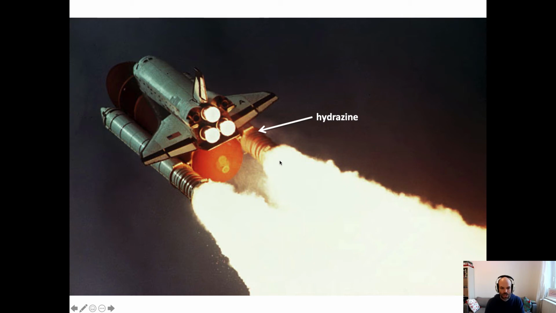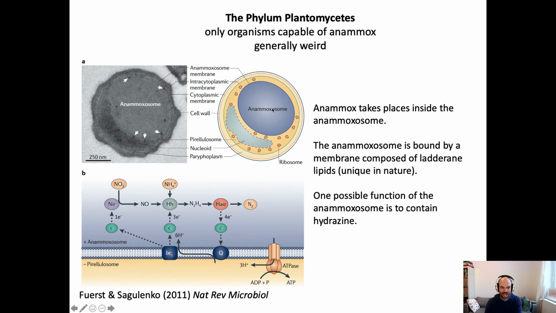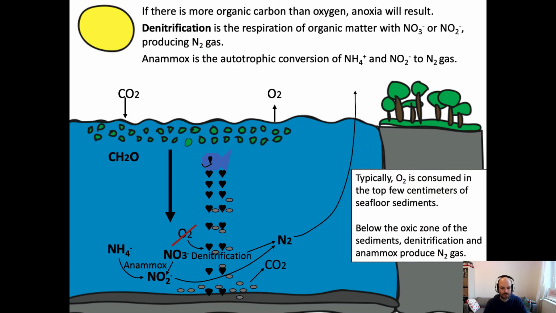So an intermediate of the anammox pathway is rocket fuel, and that is perhaps why they need these really weird lipids to keep the rocket fuel inside the anammoxosome and not leaking out into the rest of the cell. This is all really pretty new research, and I think there's still a lot that we don't know about it. But those are the important points of what we do know so far.